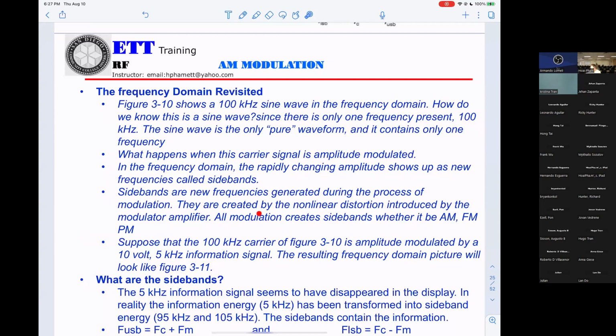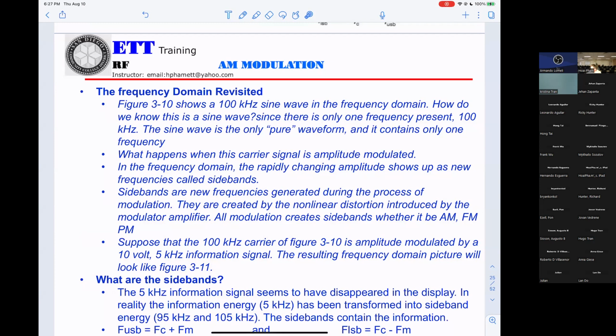They are created by non-linear distortion introduced by the modulator amplifier. All modulation creates sidebands, whether it be AM, FM, or PM.